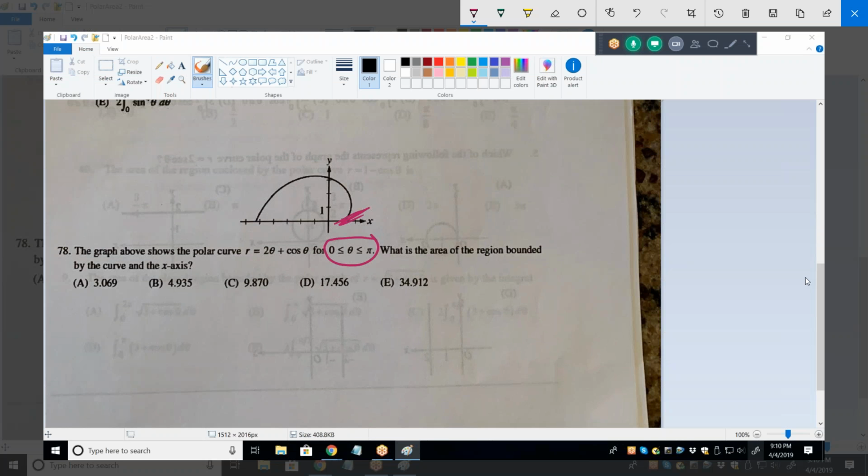The toughest thing about these polar questions is when they don't give you the radial lines, then you have to figure them out. And they were nice on this one. Yeah, to me, that is the toughest thing of all of these, is figuring out your radial lines. I would have to agree on that. Yeah, they can be really tough.